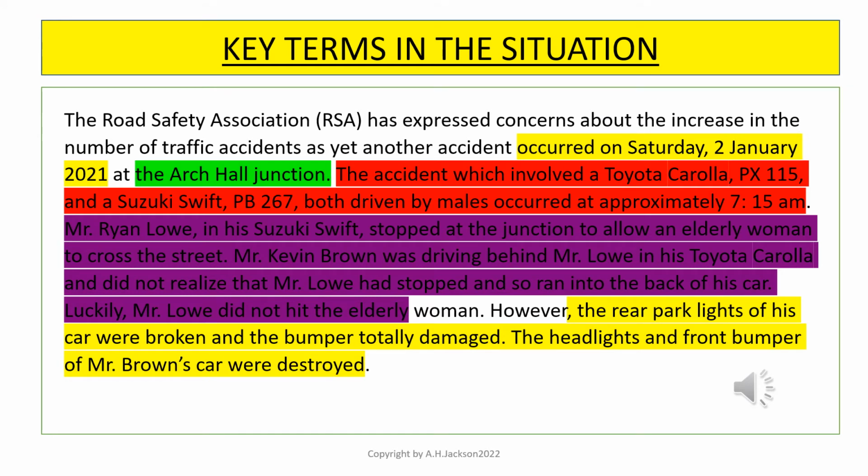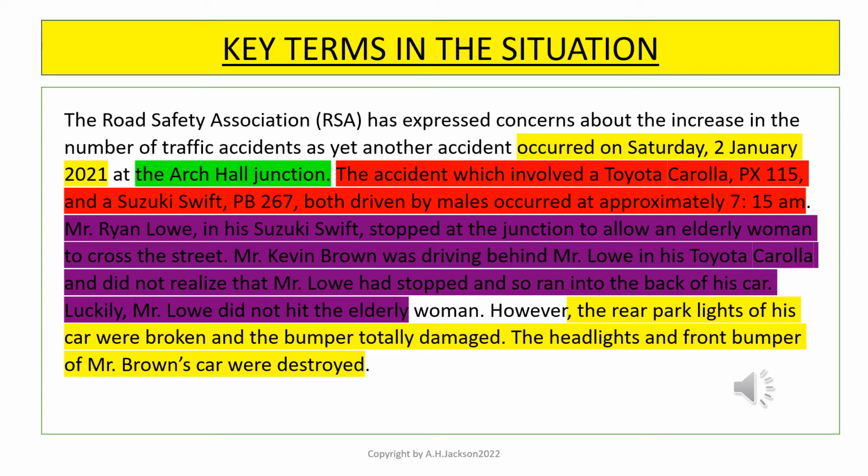So the Road Safety Association, RSA, has expressed concerns about the increase in the number of traffic accidents as yet another accident occurred on Saturday, 2nd of January 2021. And so the date there is relevant. Where it had occurred is also important, at the Arch Hall Junction. Okay, so date as in specific date. Actual date of the accident and where it happened is important.